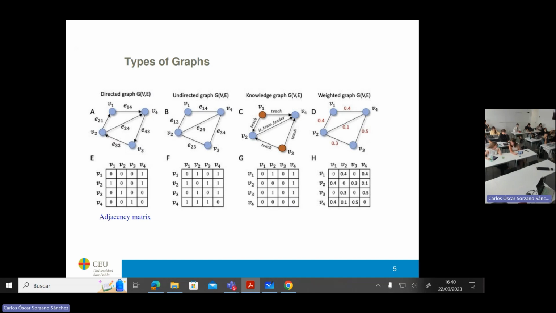And V2 and V4 are in the same group of students, and V2 is the team leader of V4. So now the edges also have a quality: it is not just that they are related, but they are related with respect to this function. And you can also put weights, and the weights can be transferred to the adjacency matrix.